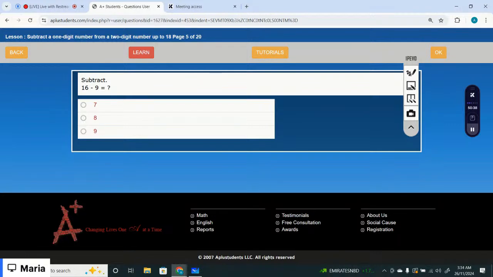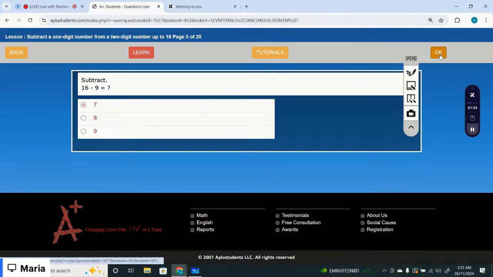16 take away 9, which is the correct option. That is 7.